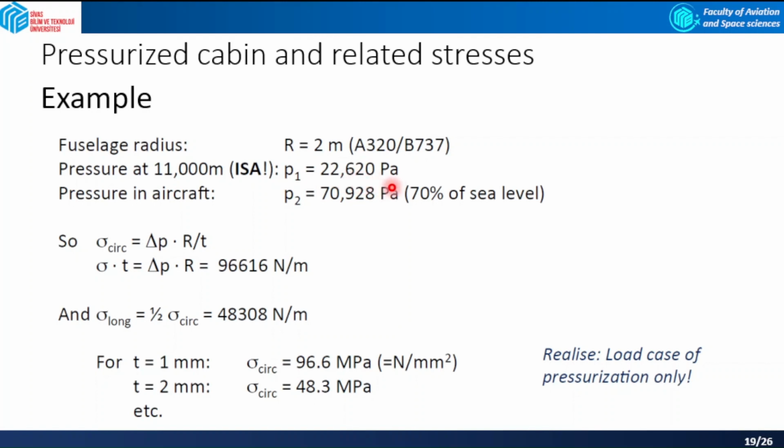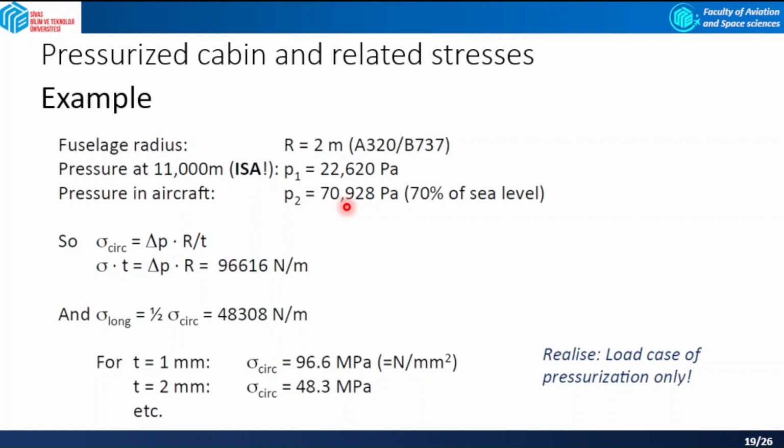The pressure inside the cabin, in this example, will be maintained at nearly 71 or 70% of the sea level.